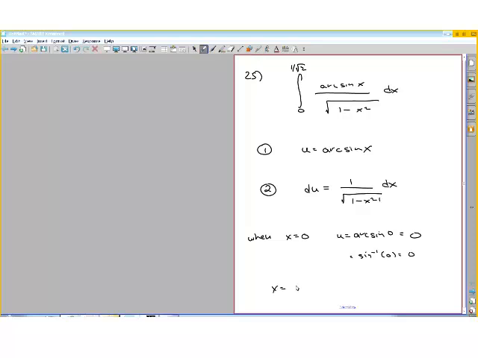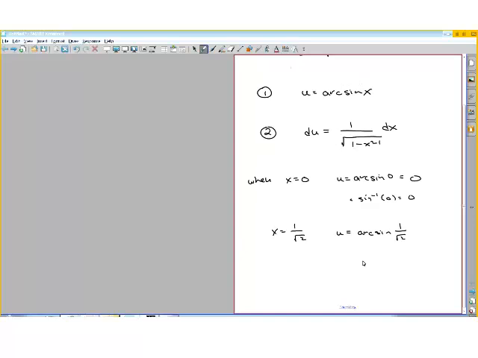When x equals 1 divided by the square root of 2, u equals the arc sine of 1 over the square root of 2, which is also, if you multiply and divide by the square root of 2, the square root of 2 over 2. Hopefully that looks familiar. It's 45 degrees, or the angle u is equal to pi over 4.